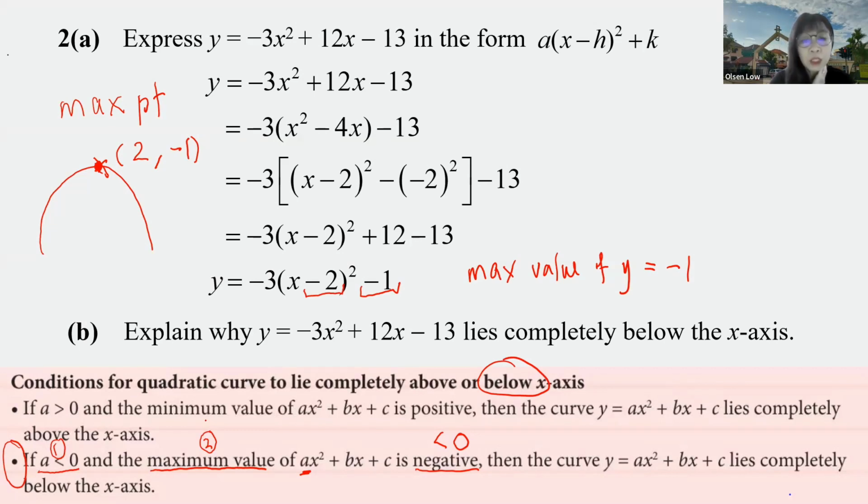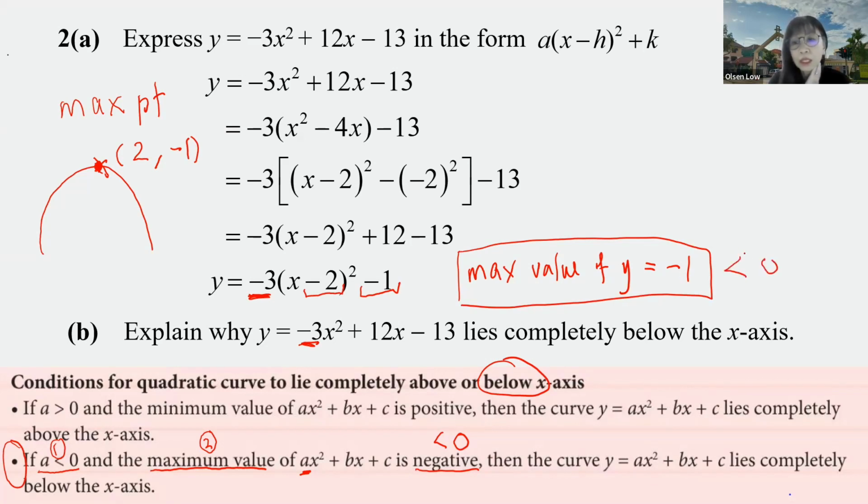If you take a look at the question here, you will notice that the conditions have been met. The coefficient of x² is less than 0. Next, the maximum value of this function is -1, which is also less than 0.